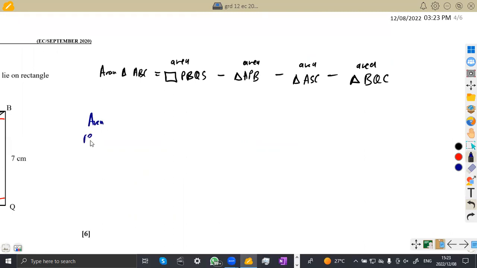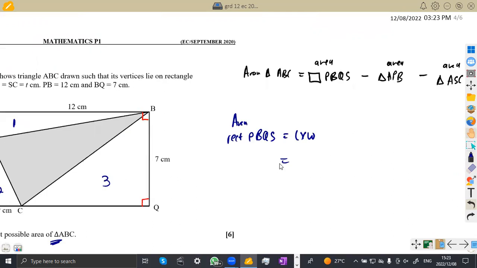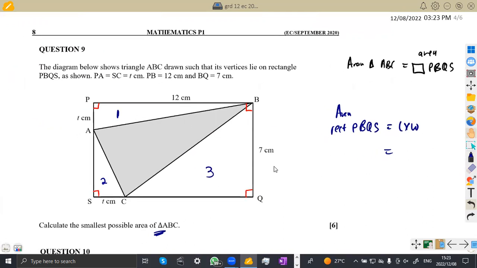The area of the rectangle PBQS is length times the width, of which we've got the length and the width. The length is 12, the width is 7.